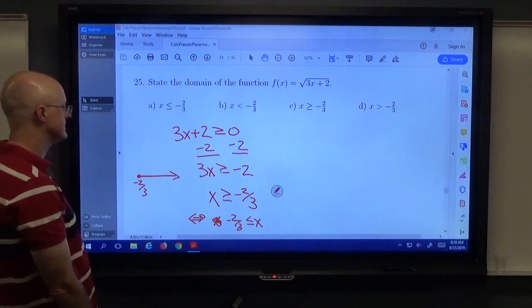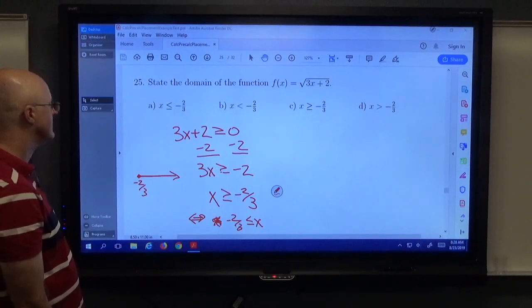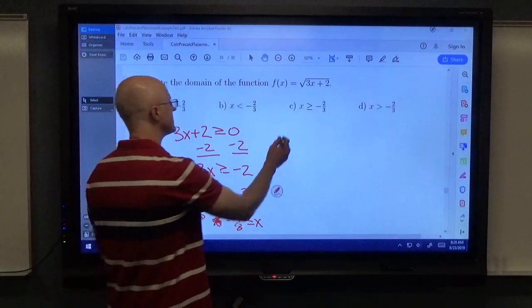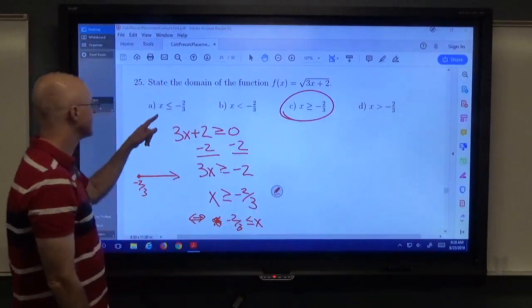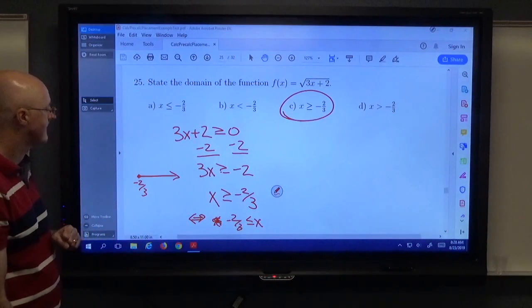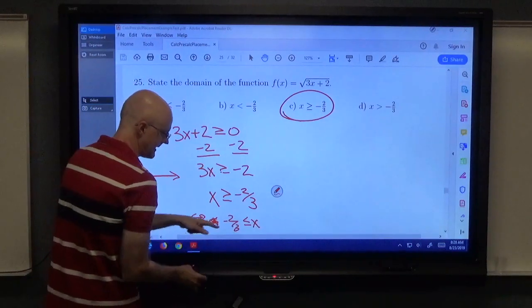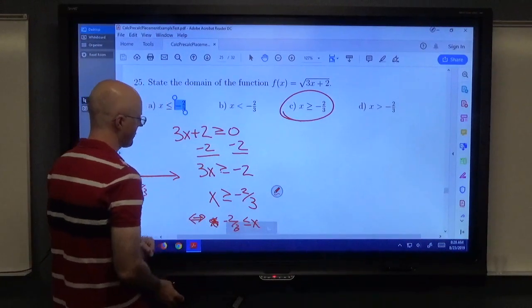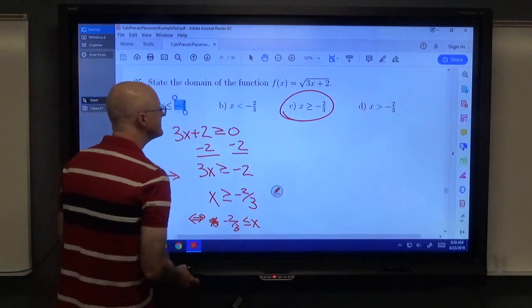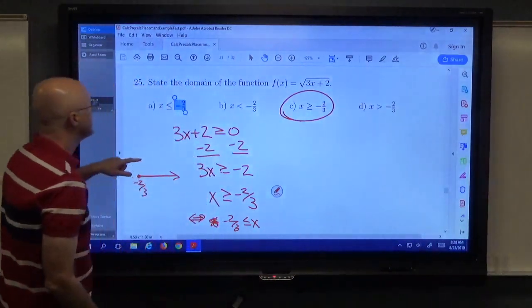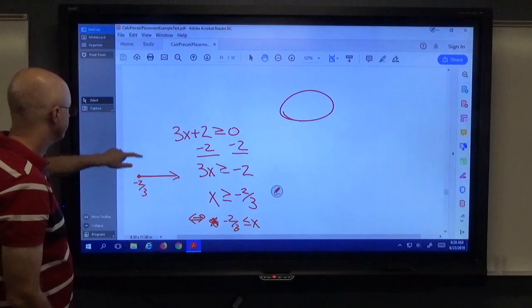It must be one of the answers. Careful here. It's option C, which is different than option A. Okay? And option A is also not the same thing as that. All right. So 25, the answer is C.